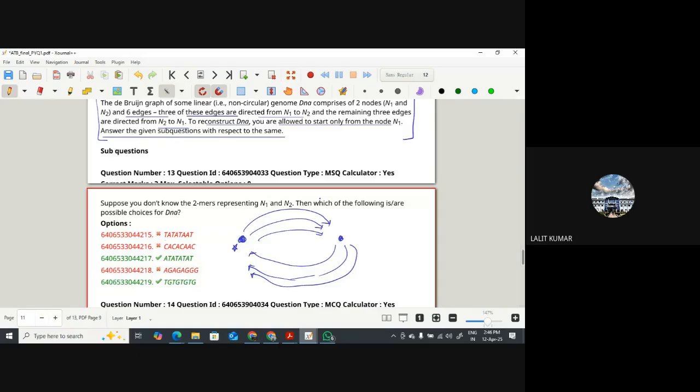So which are possible? Is this possible? If we see this TAT, it means it has to be TA and it has to be AT, then only we get TAT.